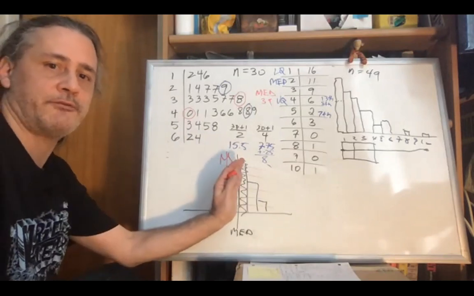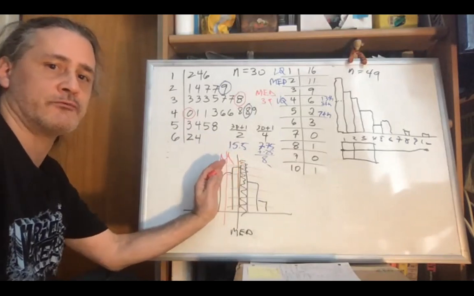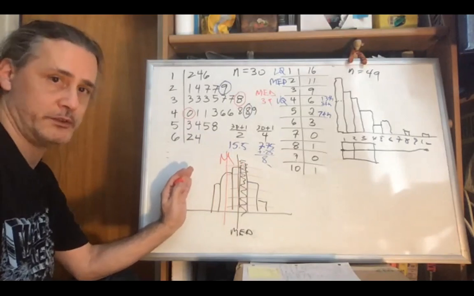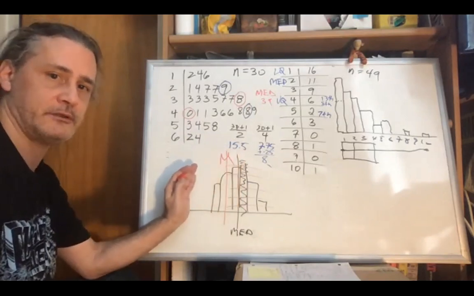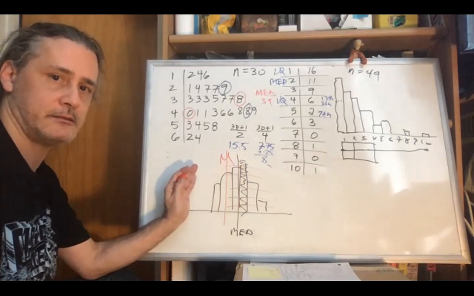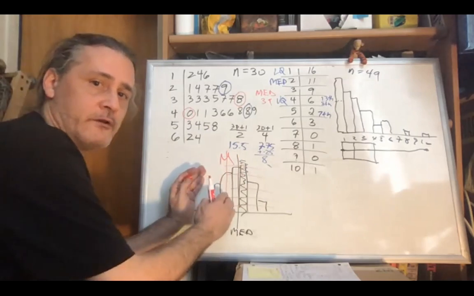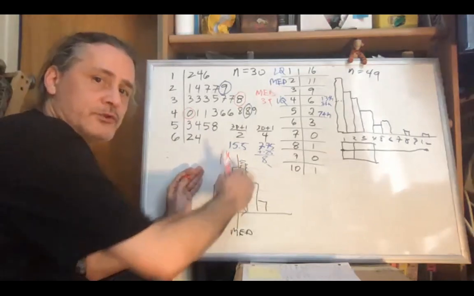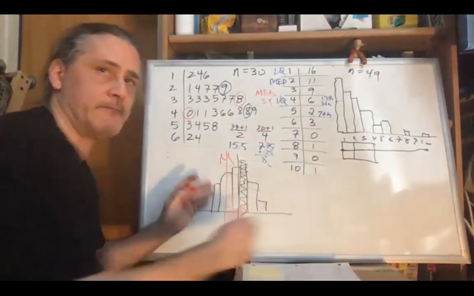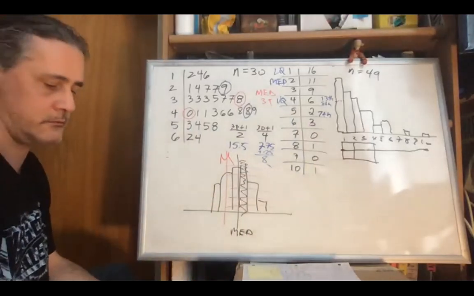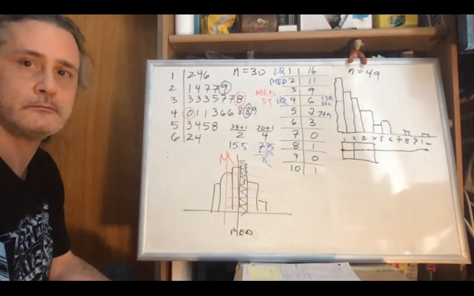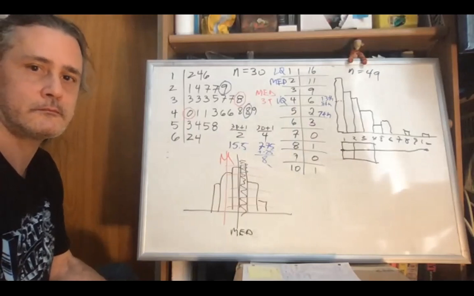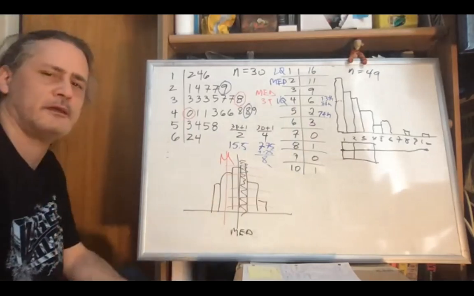So left skew, you got more to the left of the mode. The mean is going to shift to the left of the median and the mode. You're going to have more values to the right of the mean. So, okay, is that all right?